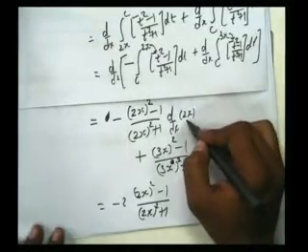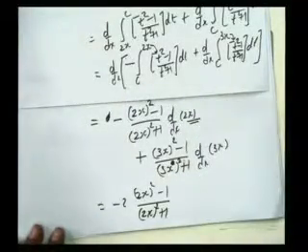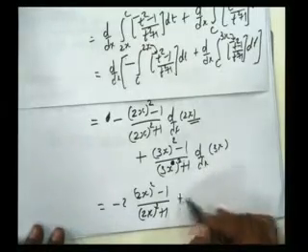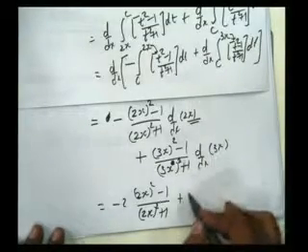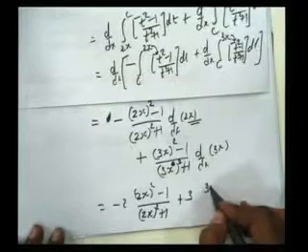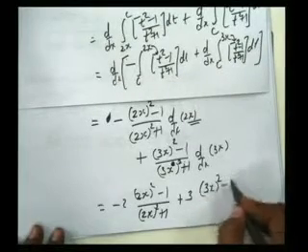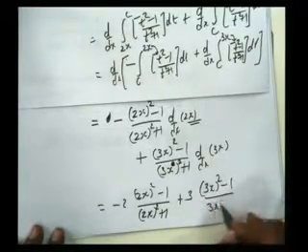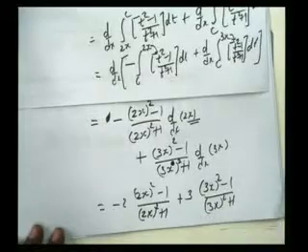Here 2 is the derivative of 2x, plus the derivative of 3x is 3, into 3x square minus 1 divided by 3x square plus 1.